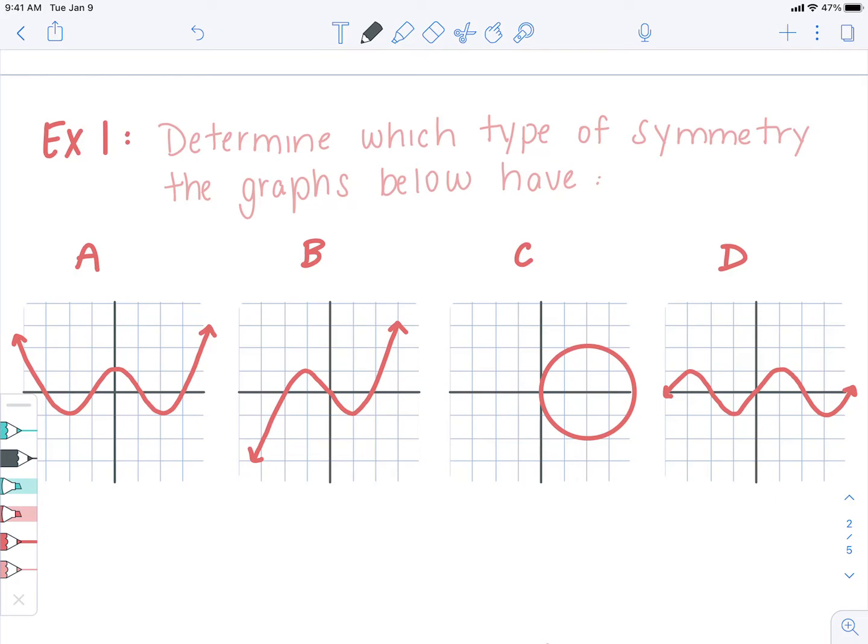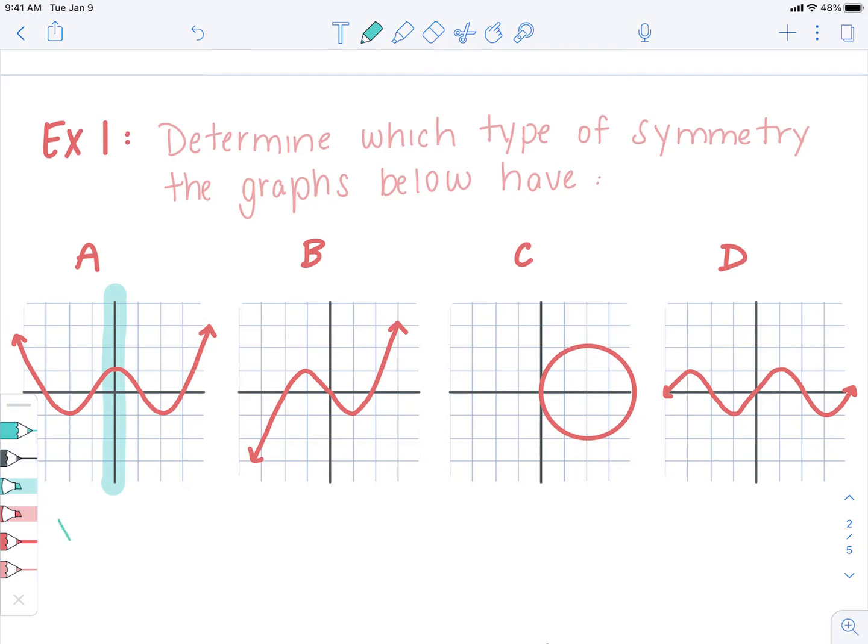So if I look at that first one, A looks like a big old W. Right off the bat, I look at it and I say, okay, well, it's symmetric, definitely. Is it symmetric over the y-axis, the x-axis, or the origin? The y-axis, right? Because if I look at my y-axis, it splits it right down the middle.